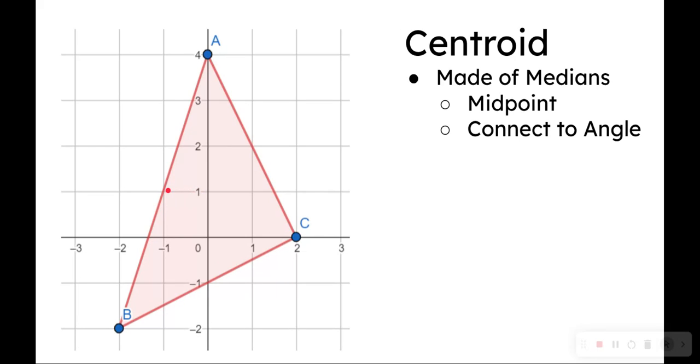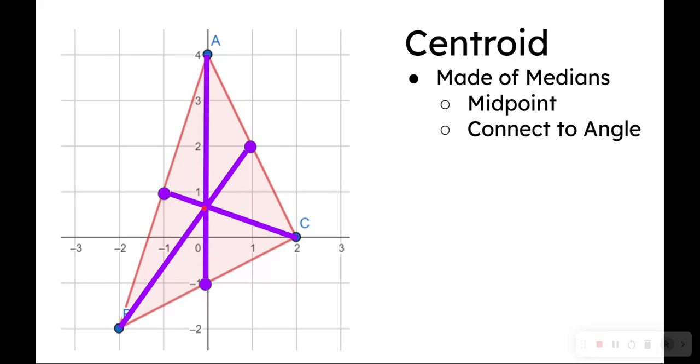I'm just going to estimate where they are right now. Imagine I did the midpoint formula three times. These are the midpoints. To make the centroid, we need to draw medians, so I connect my midpoint to my opposite angle. Connect, connect, connect.